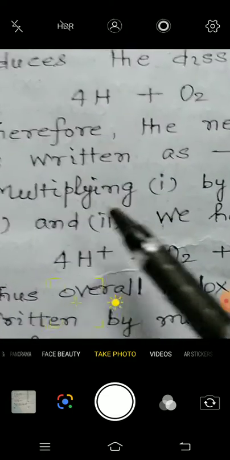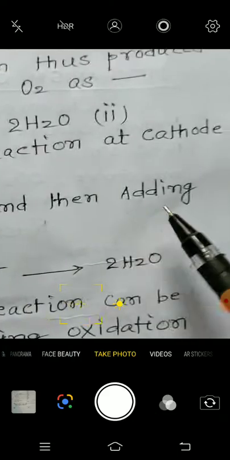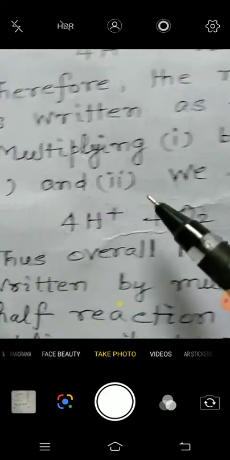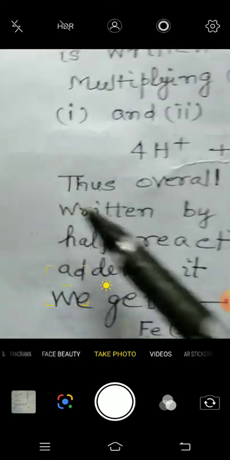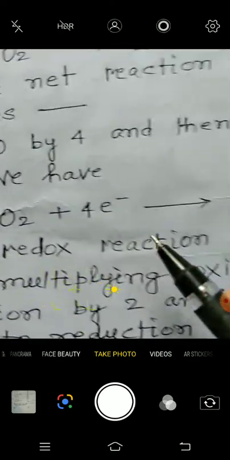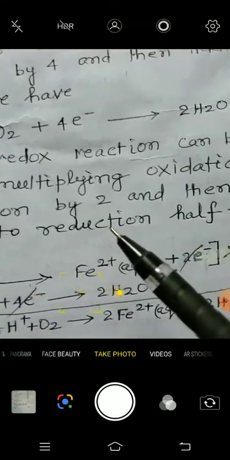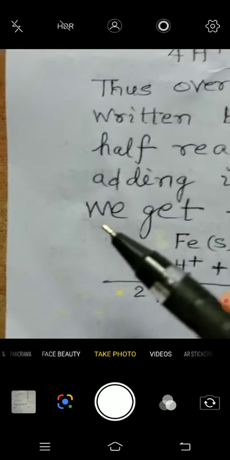So multiplying 1 by 4 and then adding 1 and 2, we have such type of reaction. Thus the overall redox reaction can be written by multiplying the oxidation half reaction by 2 and then adding it to the reduction half reaction, we get such type of final reaction. So this is about the overall reaction.